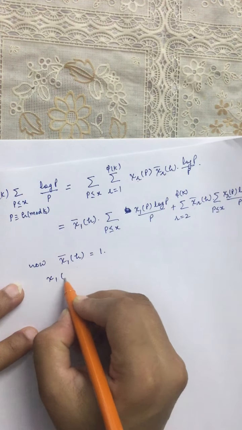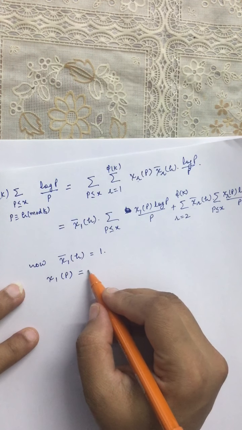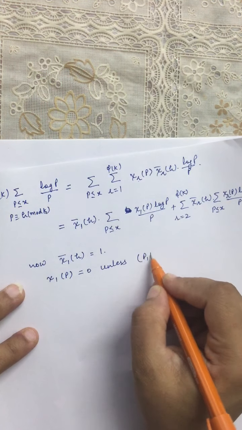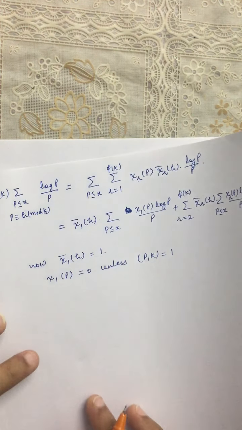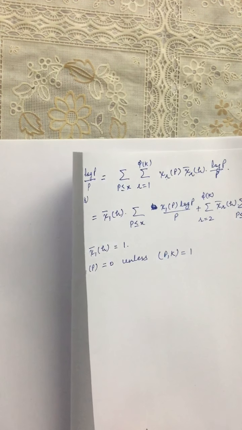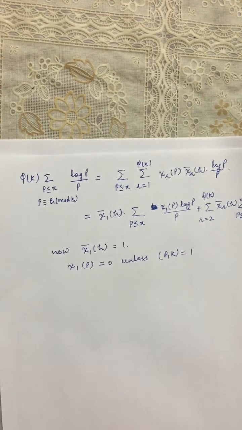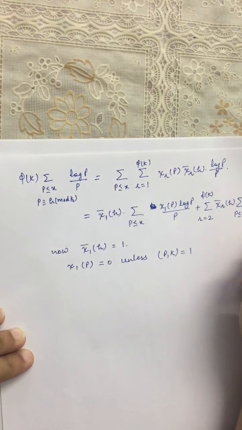And chi1 p, because p is varying over the primes, is equal to 0 unless p and k are co-prime, and when they are co-prime this is equal to 1. So in this equation, let us say this is equation 7.